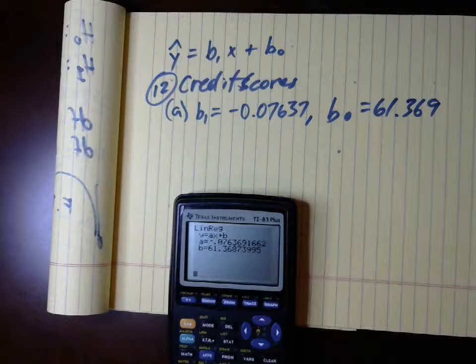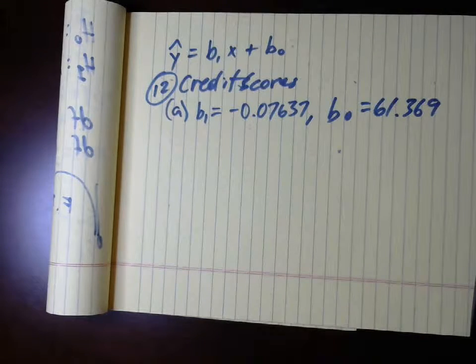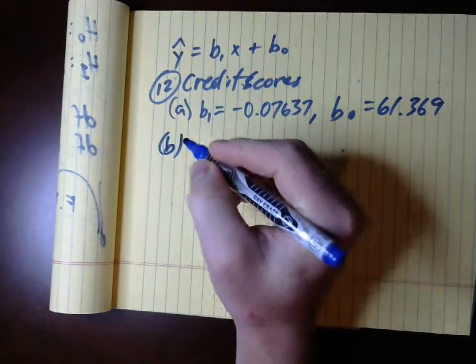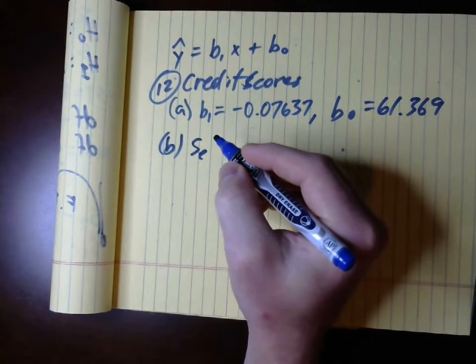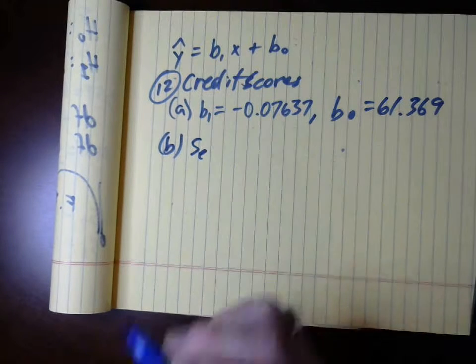Now the next step is somewhat time consuming and will take up most of our time. It's part B, which is to find S sub e, known as the standard error of the estimate.